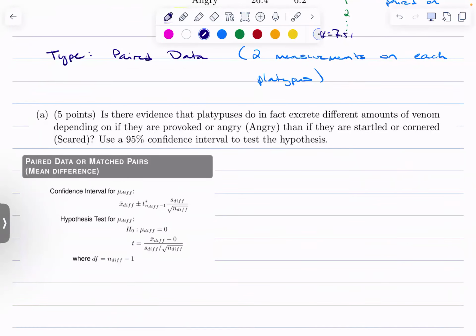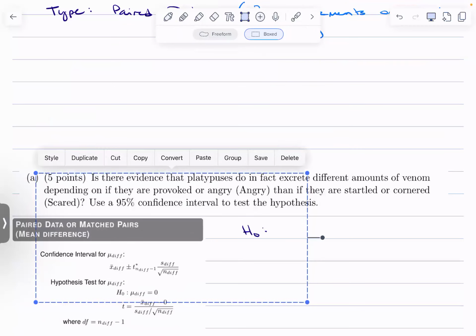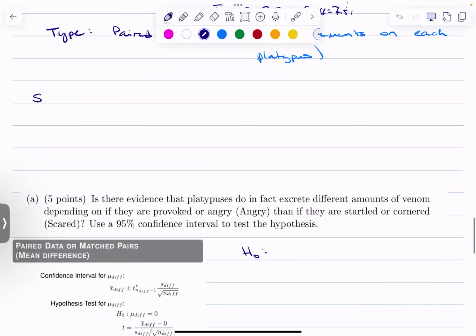So if we're testing a hypothesis, we should say what the hypothesis is, the null and alternative hypothesis. Oh, you know what I forgot? Should we check the assumptions before we get started? Get them over with. They're the same for confidence intervals and hypothesis tests for means, and so they're a little bit briefer, but fine. Let's get it over with.